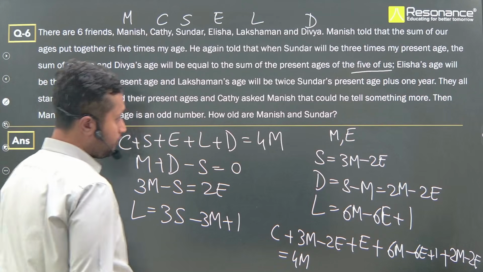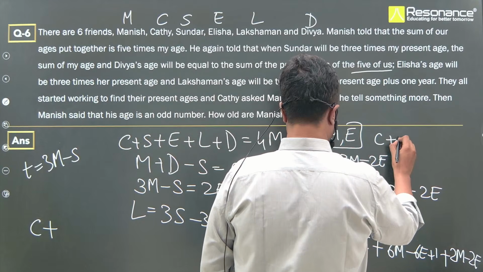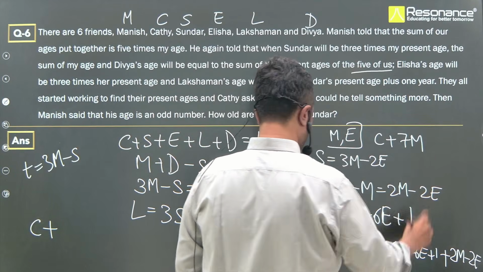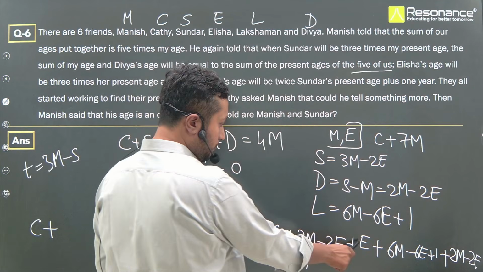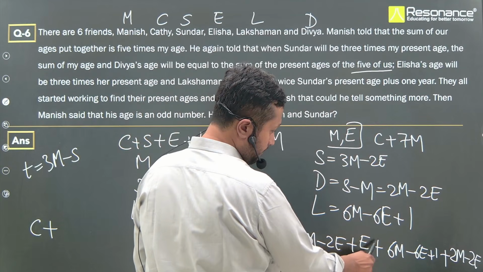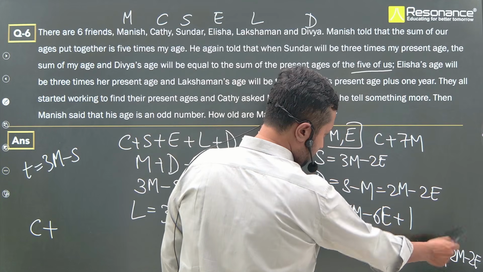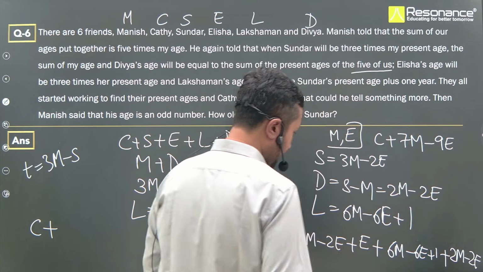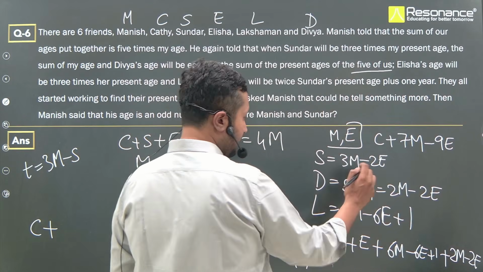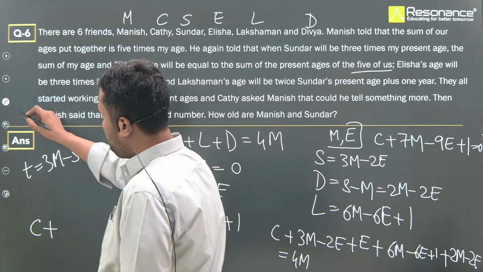So let's say M and E are given. So C plus 7M. Now how many E do we have? Minus 2 plus 1, so that's minus 1. Then minus 6, so that's minus 7. Then minus 2 more, so minus 9E. And then there's a constant, that's 1 is equal to 0.